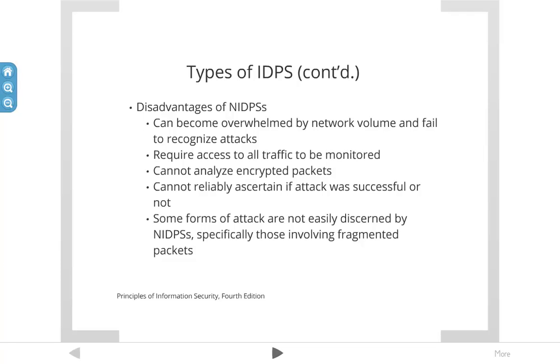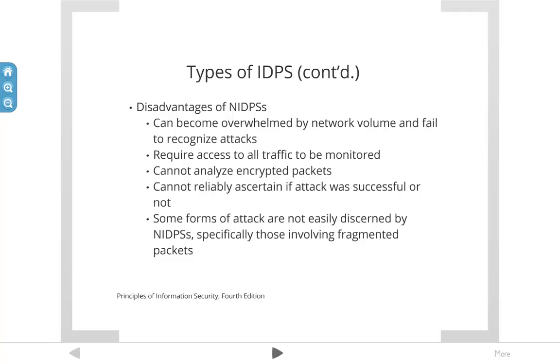It will also require access to all traffic to be monitored. So the disadvantage here is that when you plug it in the right spot where you have a copy of all the traffic, there's a great responsibility for ethical behavior, and a great responsibility to protect this data also. It just puts more responsibility into the hands of the security professional.